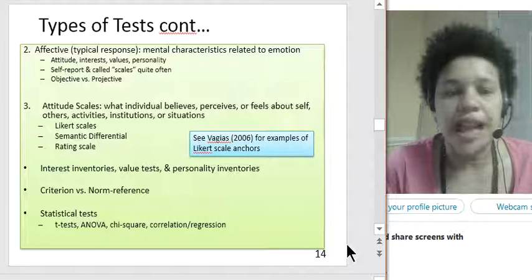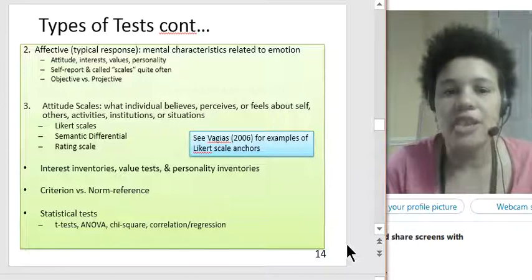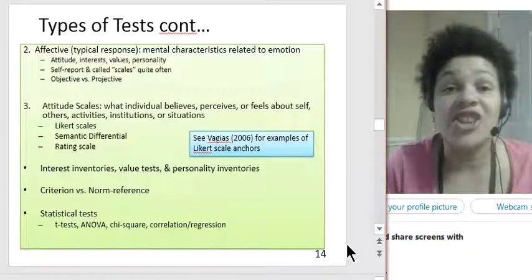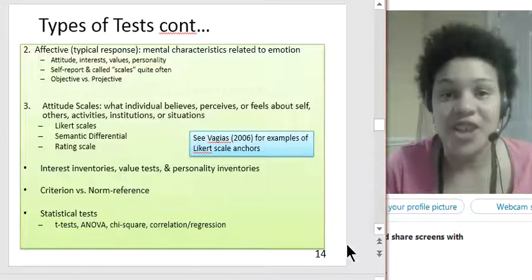And the scales used in both affect and attitude may be things like a Likert scale. A Likert scale is just a way of scoring a response, and you've encountered lots of Likert scales in your life.